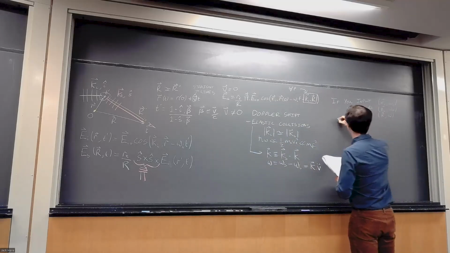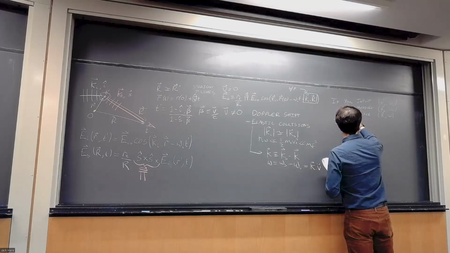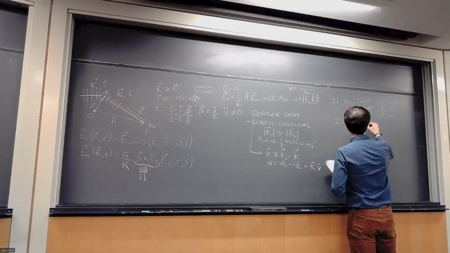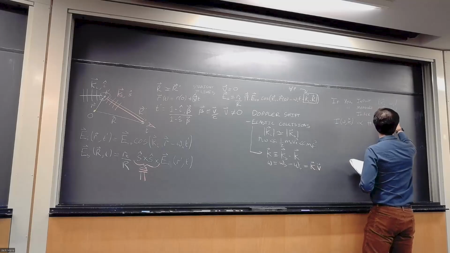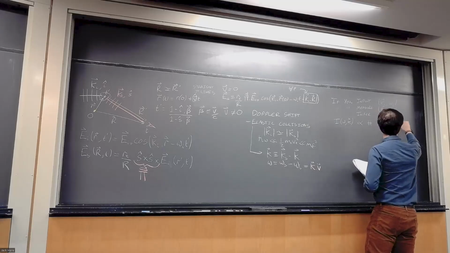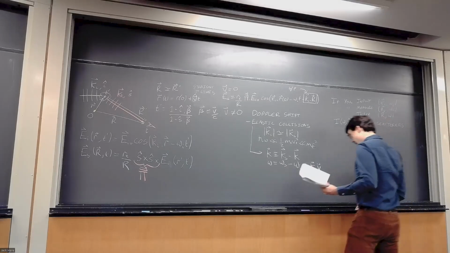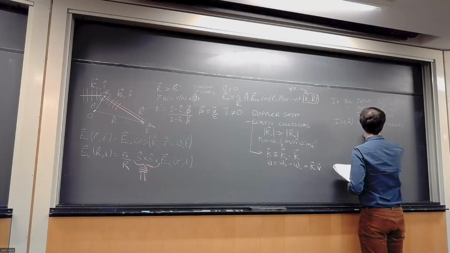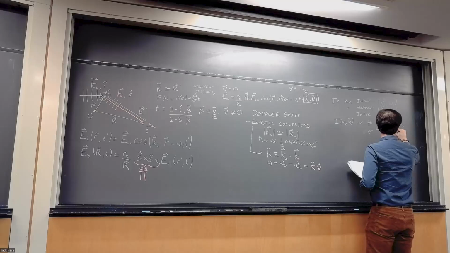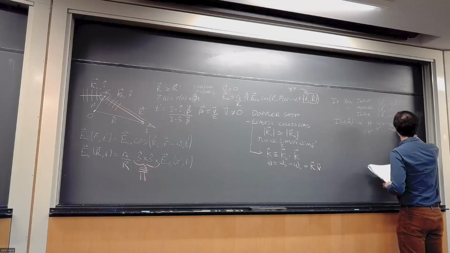And the strength of the signal, so the intensity at omega and k, is going to be proportional to the number of scatterers. And these scatterers could be, for example, particles, so electrons, or they could be waves.